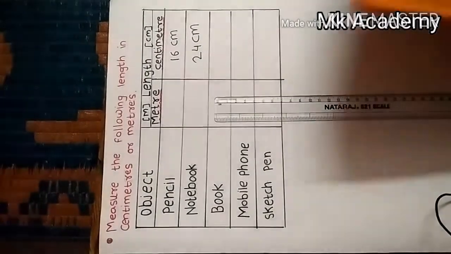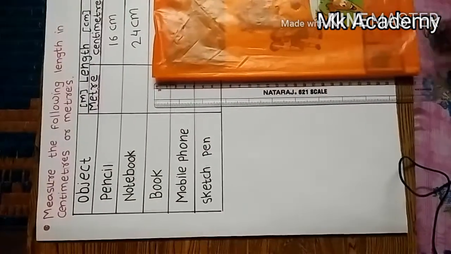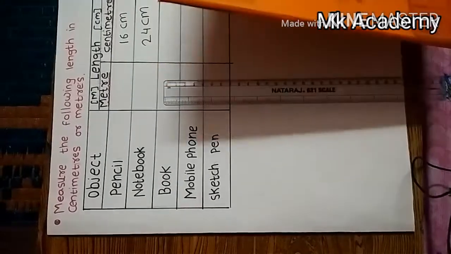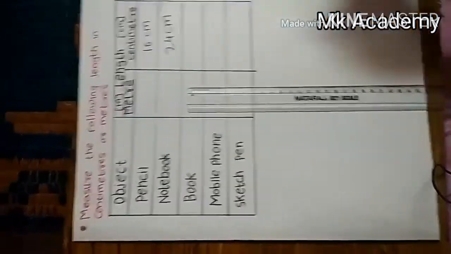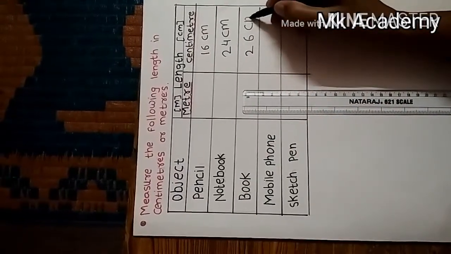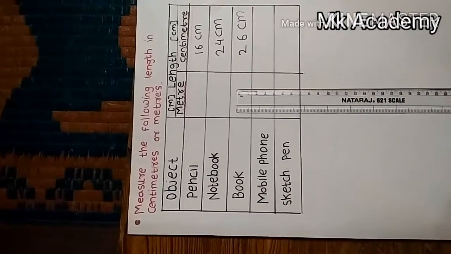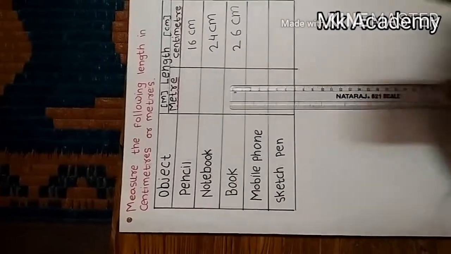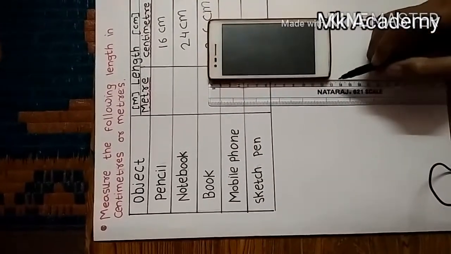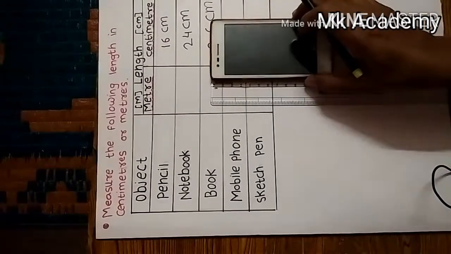Take a book and put one end at the 0 mark and observe the other end, 26. The length of this book is 26 centimeters. Now measure the length of a mobile phone. Put one end at the 0 mark and observe the reading at the other end, 13 centimeters.